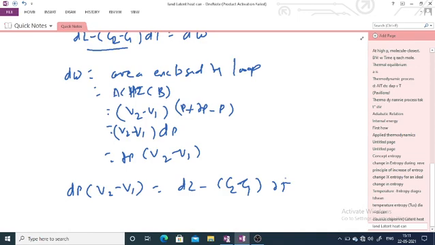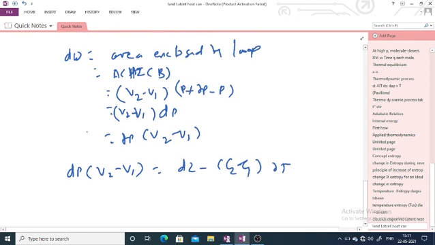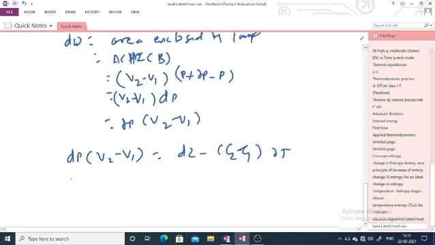According to the first latent heat equation, dP upon dT is equal to L upon T (V2 minus V1). This is your first latent heat equation.